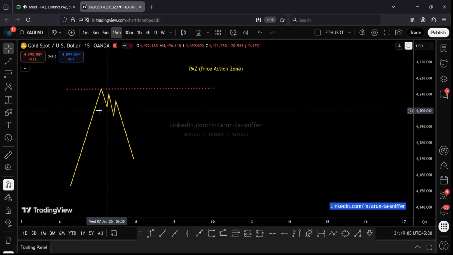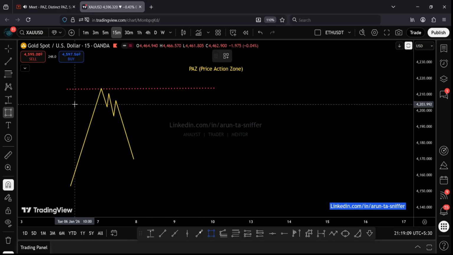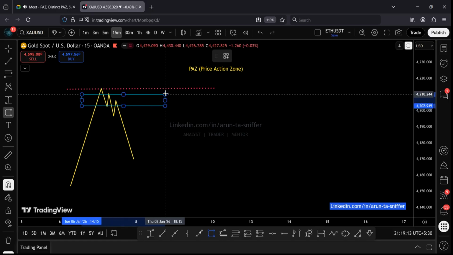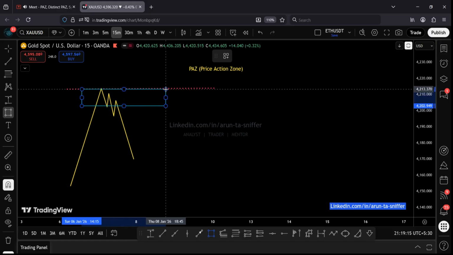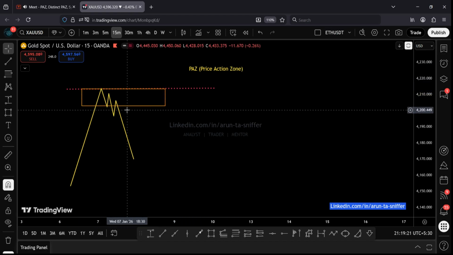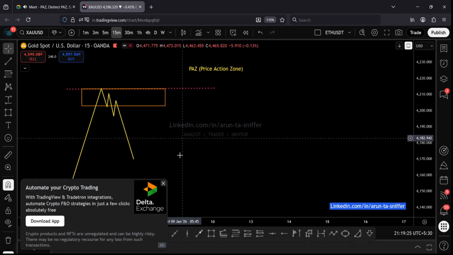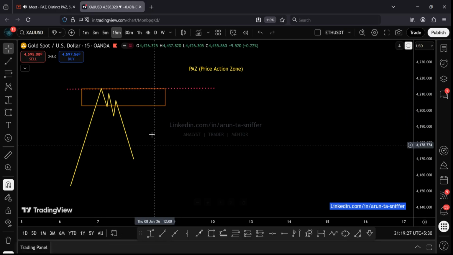Okay, here we have a zone, a supply zone here. What will price do?